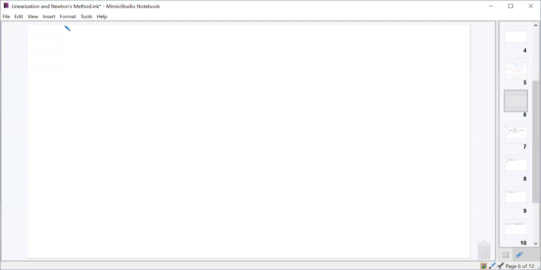Let's see if we can find an approximation for the natural log of, what's the value I want to use here? How about the natural log of 5?